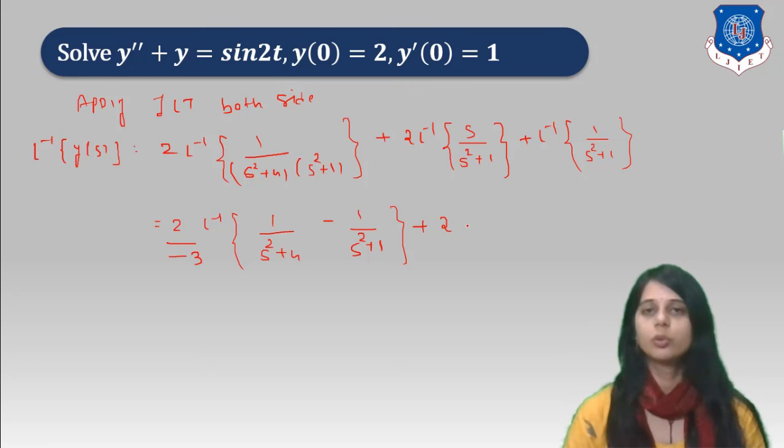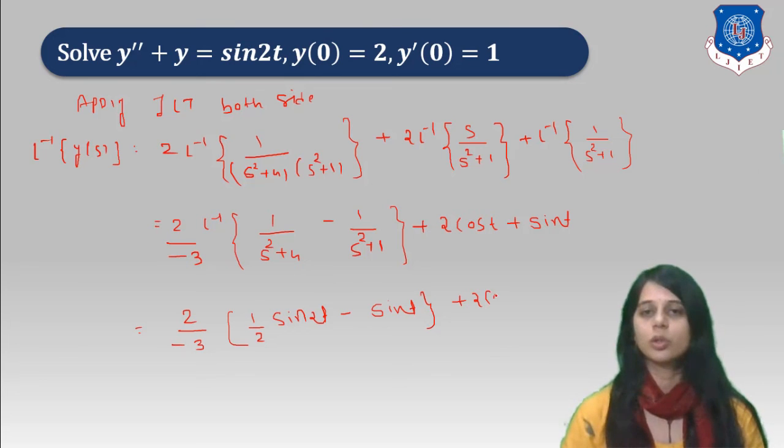Plus 2 cos t plus sin t. Now 2 upon minus 3, inverse of this is 1 by 2 sin 2t, minus 1 upon s square plus 1, so it is sin t, plus 2 cos t plus sin t.